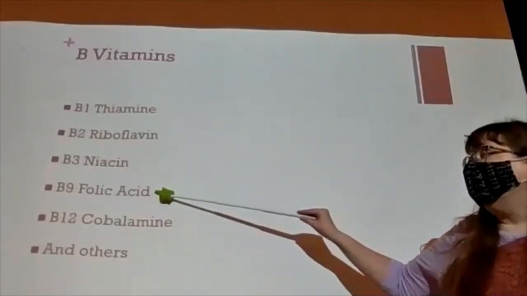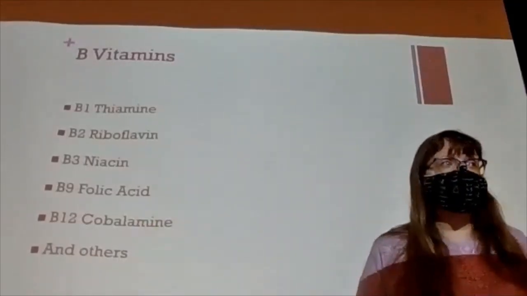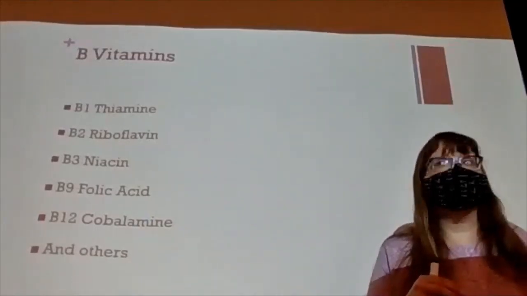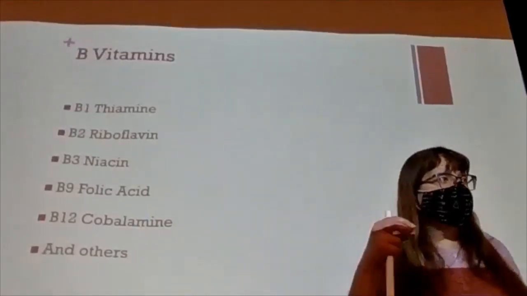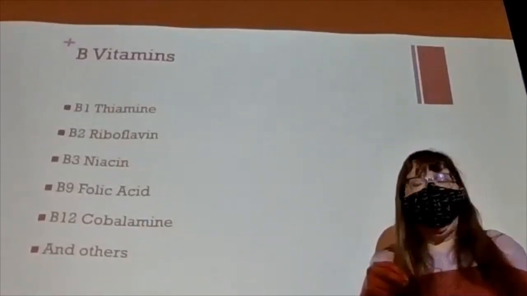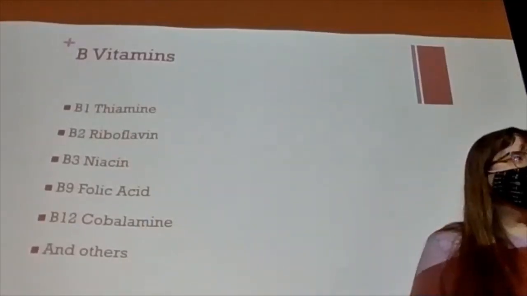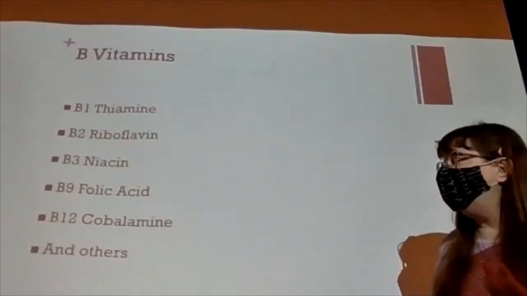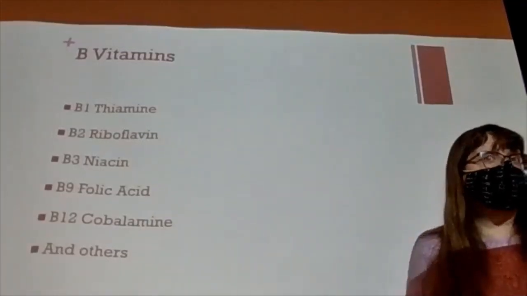Folic acid, they'll talk in the movie about, helps when a fetus is being developed early in pregnancy to close the neural tube, the spinal cord. And so they'll talk a little bit about what happens if somebody does not have the appropriate amount of folic acid.